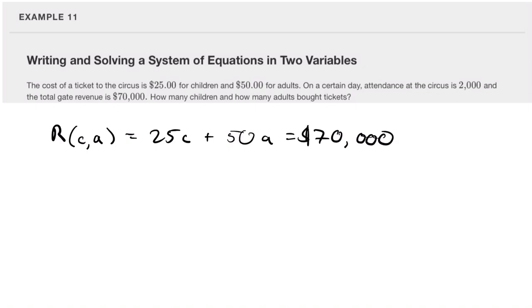Okay. And we had 2,000 people in attendance that day, right? So the number of children plus the number of adults equals 2,000. Okay. So we have two equations and two unknowns, so we can solve. I am going to multiply the second equation by negative 25 so that the c's cancel.